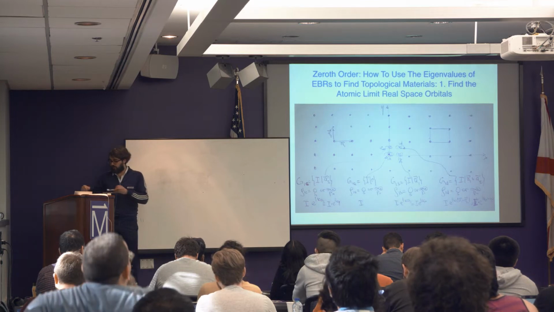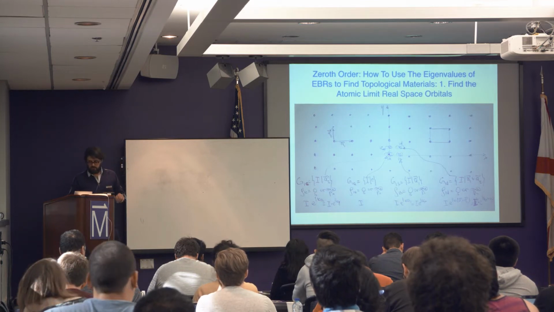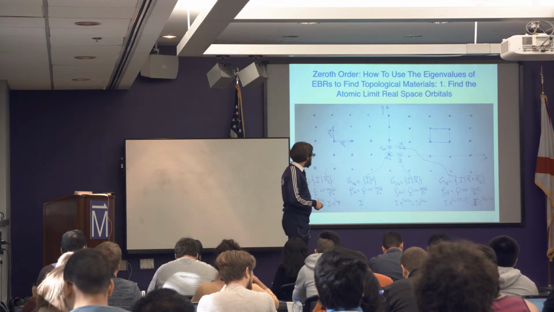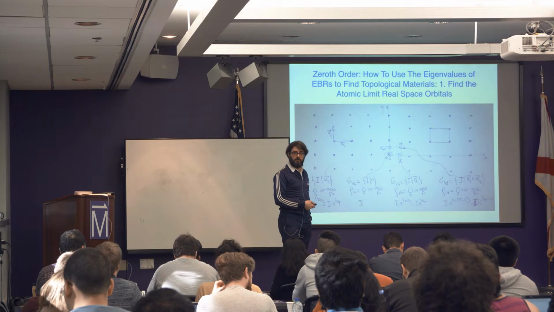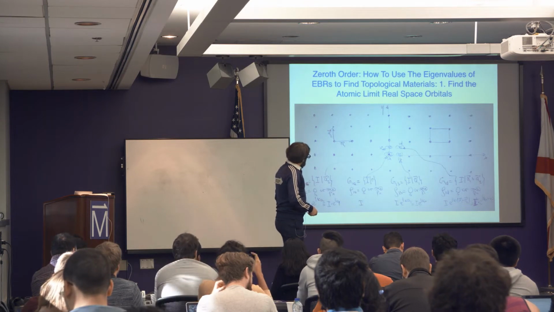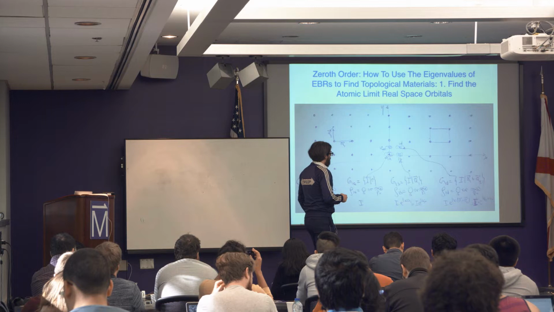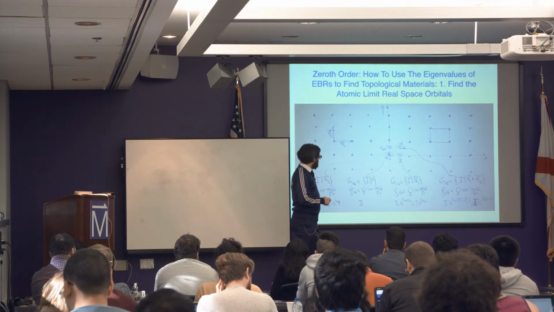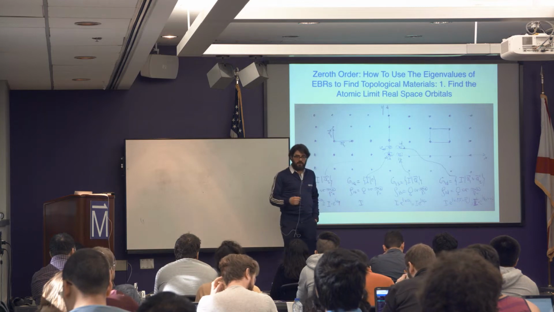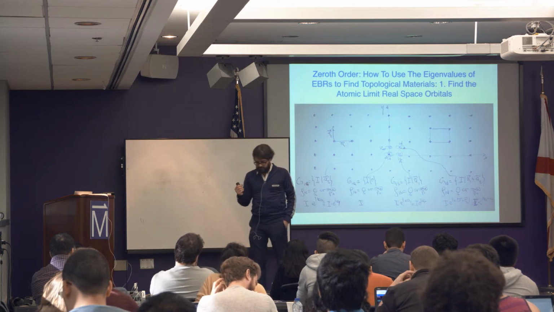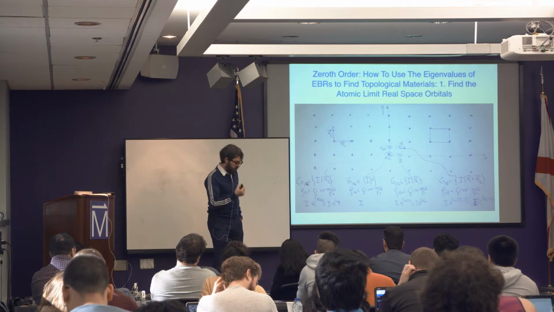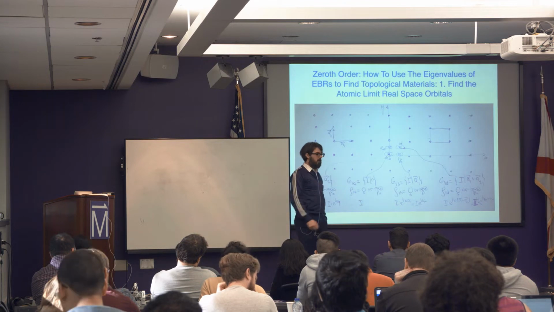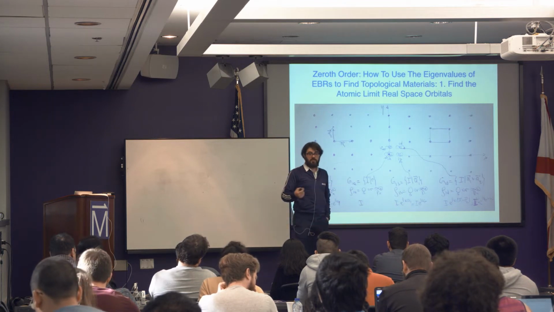I'm just going to go through it on the board. So I just do 2 dimensions with inversion. You have this 2-dimensional lattice. You pick an origin, which is here at 1A, and the site symmetry. You again find the Wyckoff positions, or the places in the unit cell which are special.